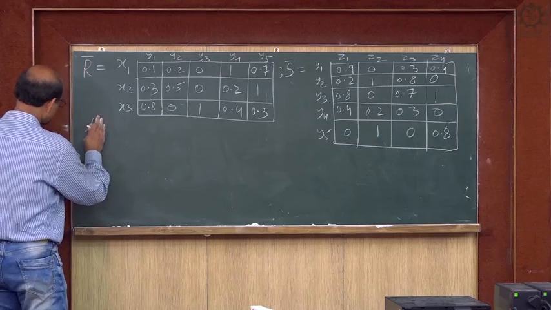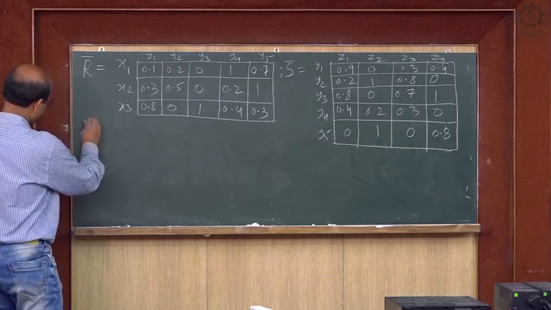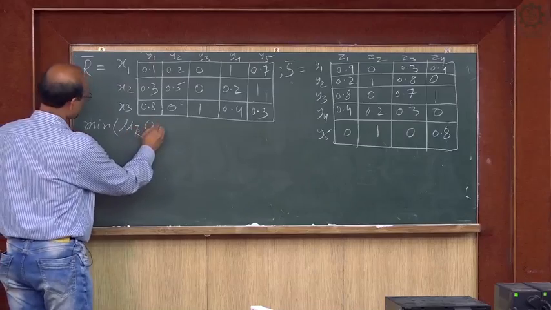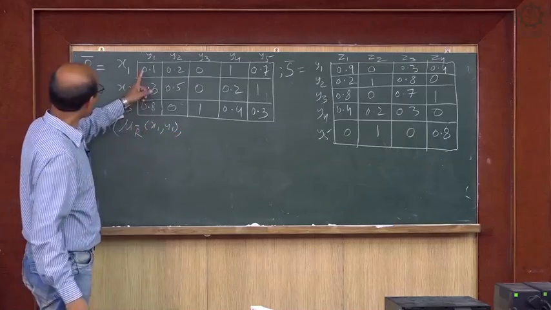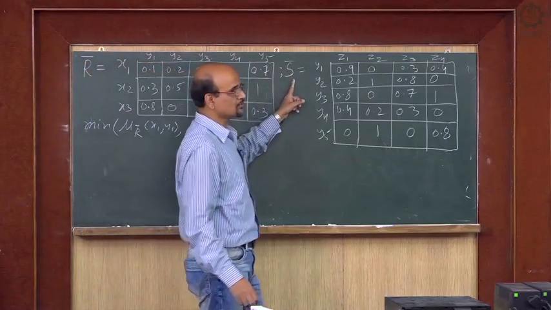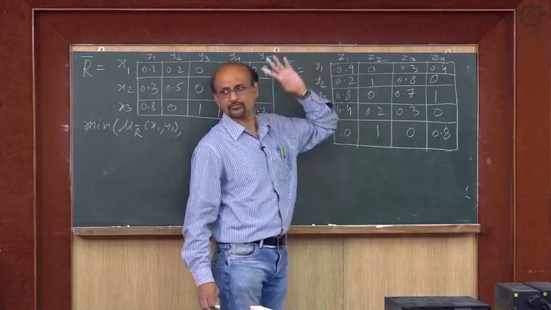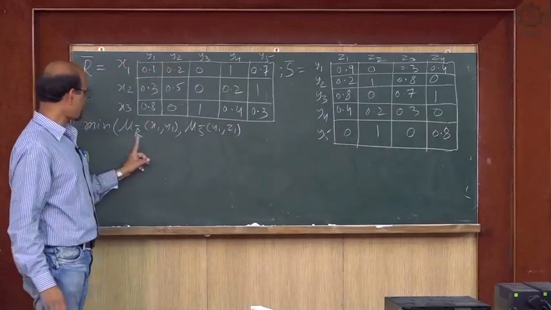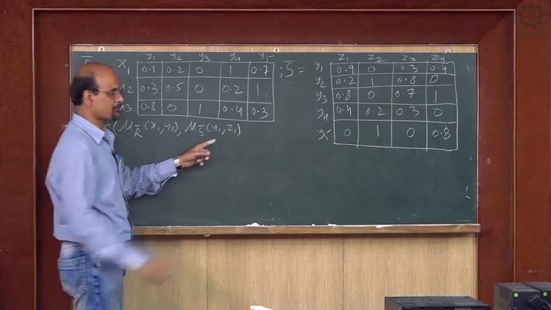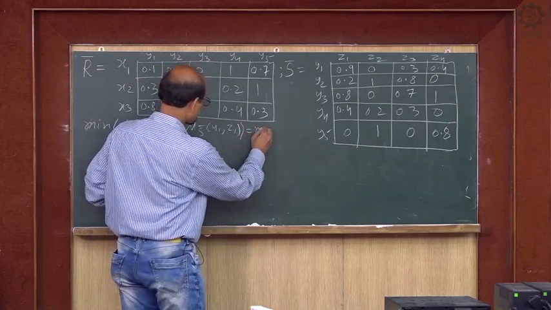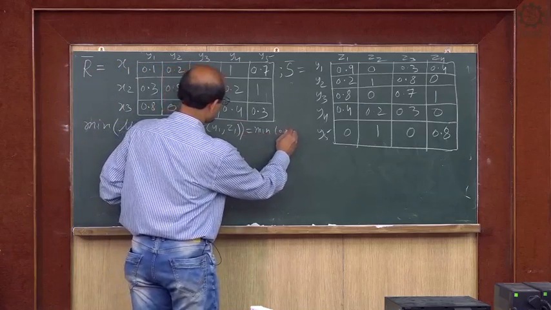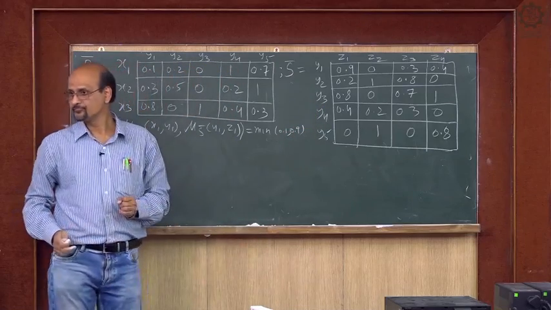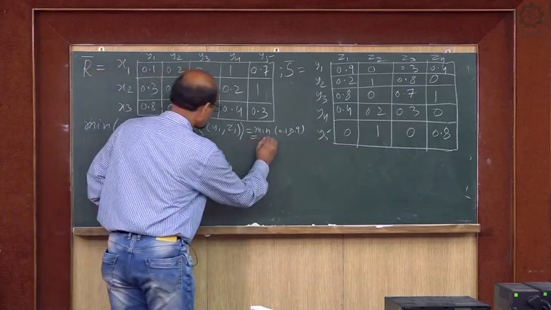I have to take minimum of mu r bar x1 y1 and mu s bar y1 z1. So, what is that? Minimum of 0.1 and 0.9. Is it okay? That is your 0.1.